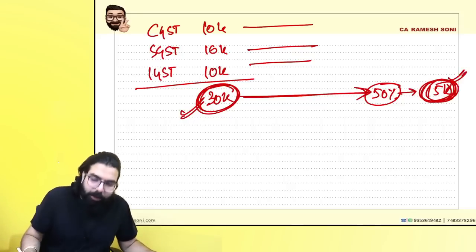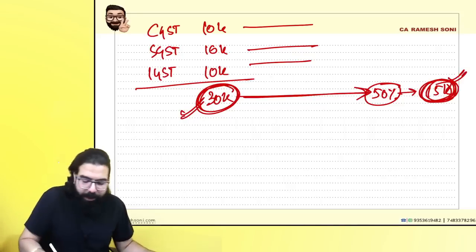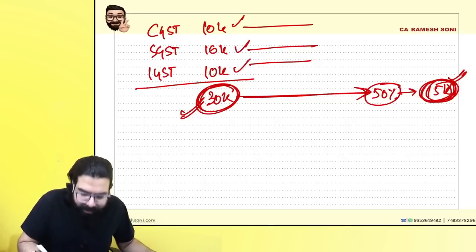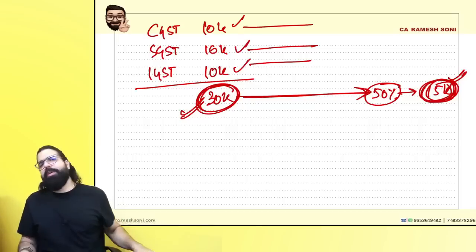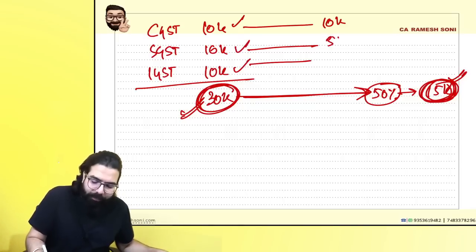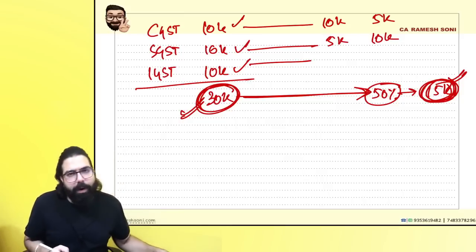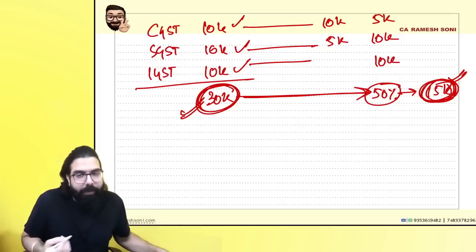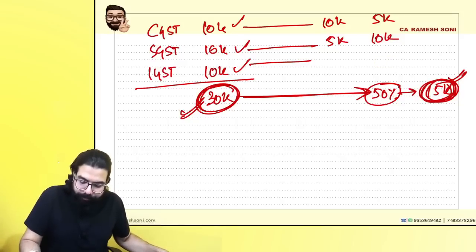Now this 15,000, sir, from where should I transfer? Should I transfer from CGST, SGST or IGST? Government told whichever you like, that head you can transfer. Transfer 10 from here, 5 from here, no problem. Or 5 from here, 5 from here, 5 from here, however you wish, you can transfer.